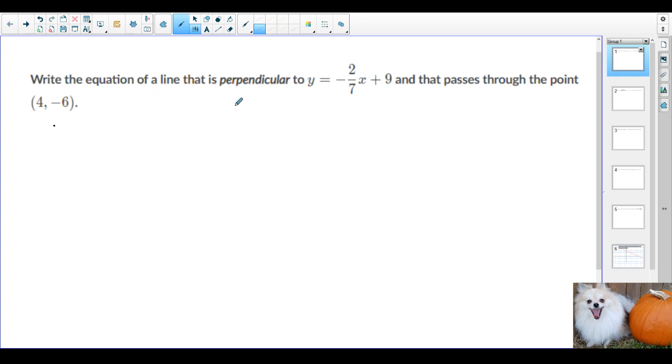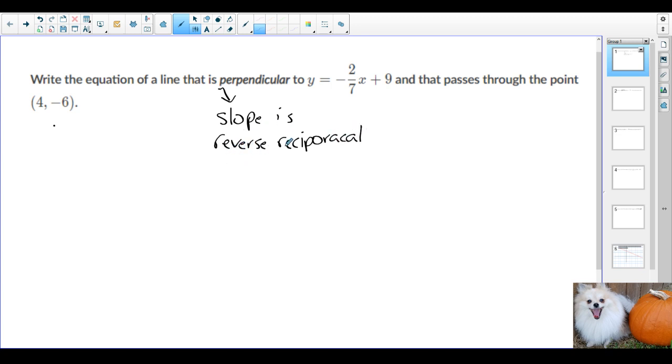Okay. So if it's perpendicular, then the slope is the reverse reciprocal. I don't know how to spell that. That might be right.